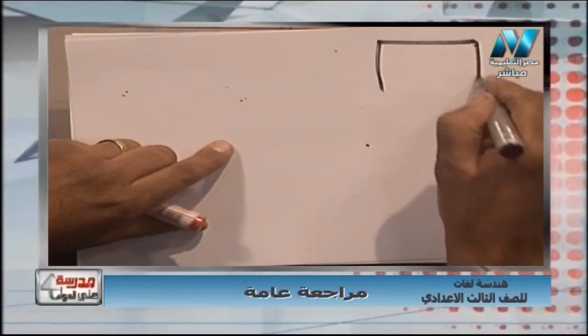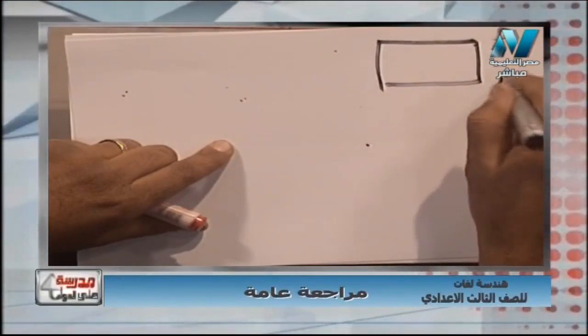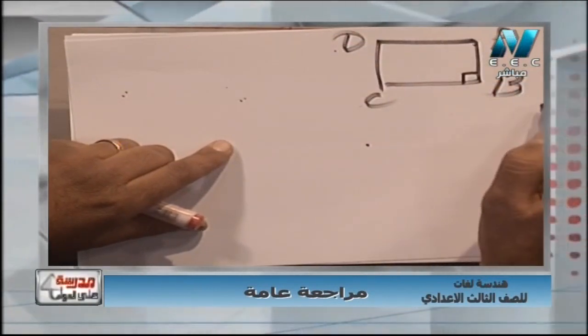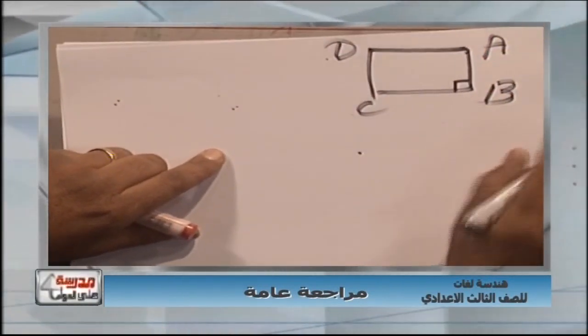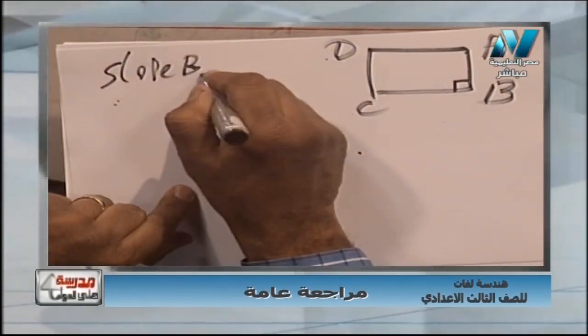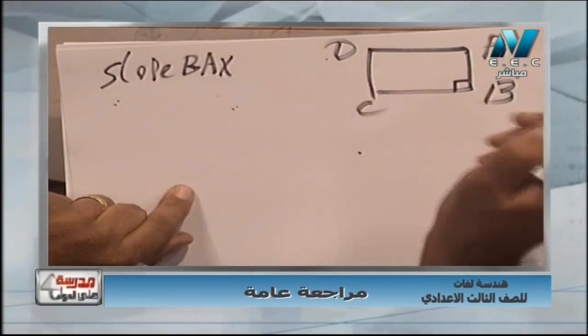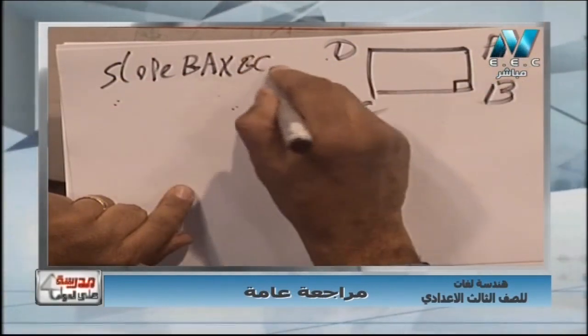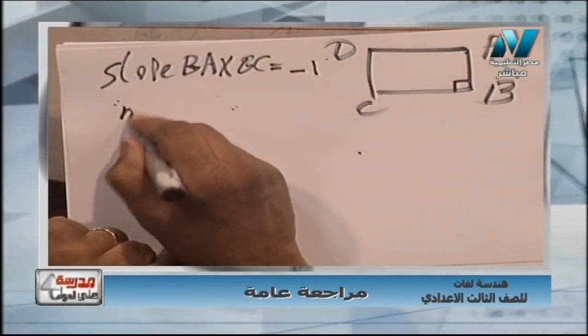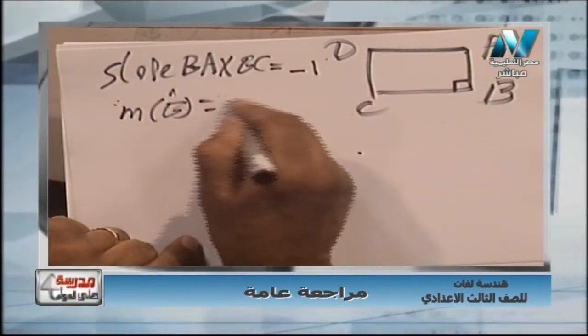Then the slopes, first line AB, if it's rectangle, then this angle is 90. We can get slope AB or BA times slope BC, and we get negative 1. It means angle B equals 90.